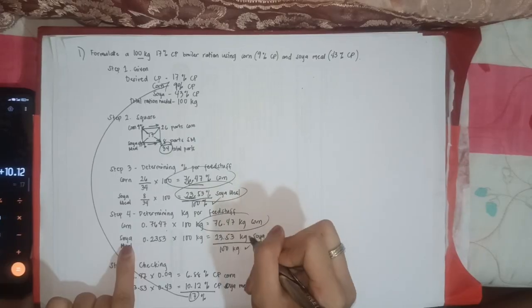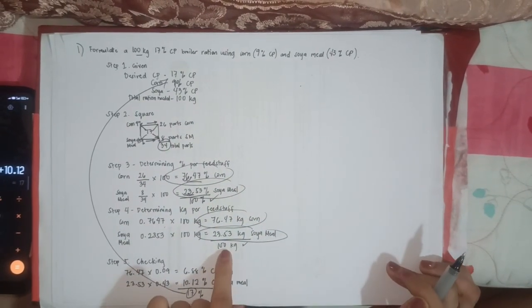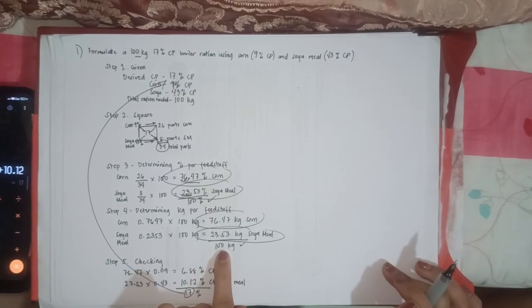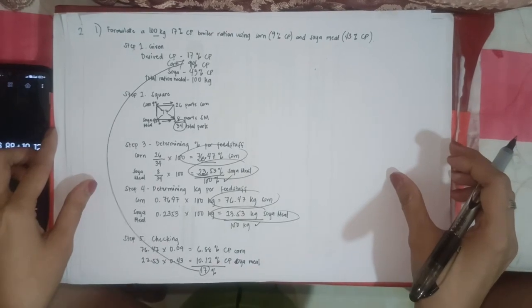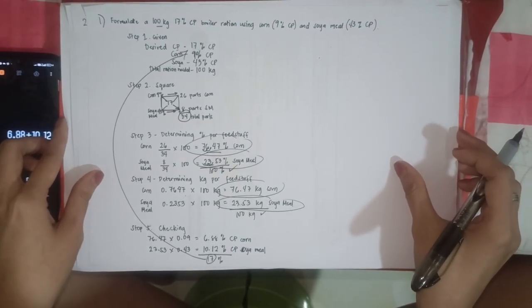Same here. This is to guarantee that the answers per step are emphasized. So that concludes the Pearson square method for the practice exercise number 1.